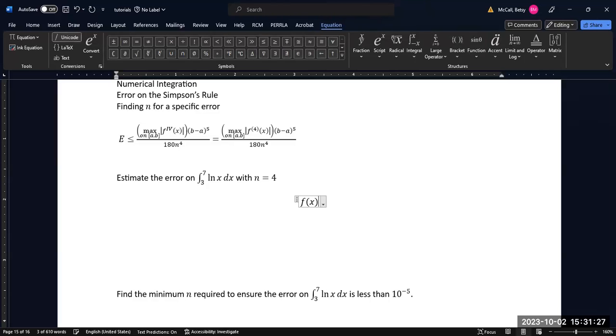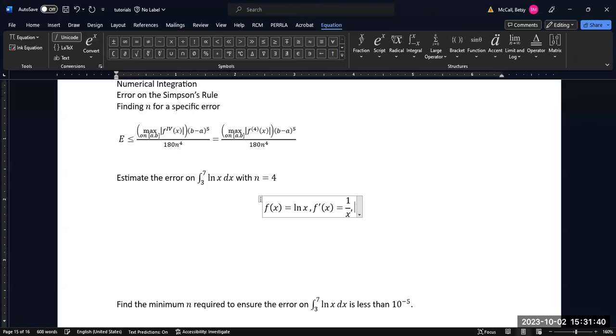So f of x is our original function inside the integral. And then f prime of x, we're just going to keep taking derivatives. In this case, we're just going to use the power rule. So 1 over x is x to the negative 1, and the derivative of that is negative x to the negative 2.